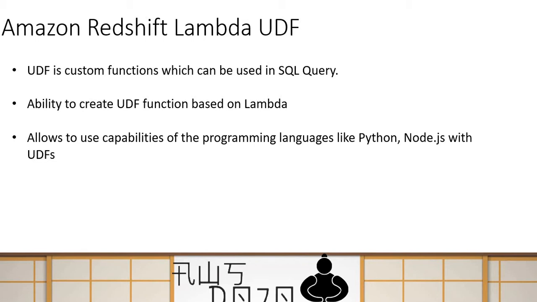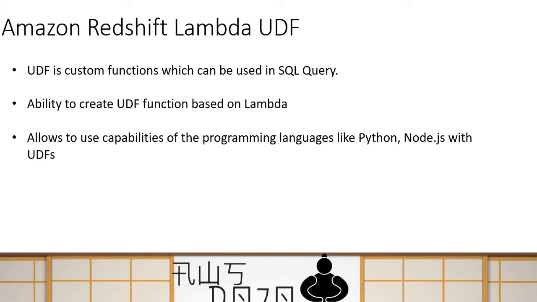By doing so, it really enhances your capability because now you can use first-class programming languages like Python or Node.js to create a Lambda function, which can then be used as a UDF.